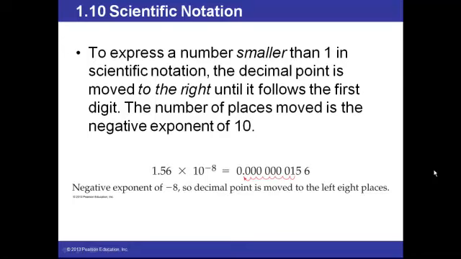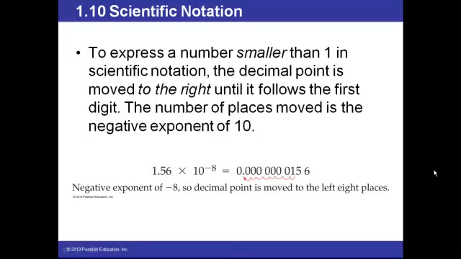Again, if we start with this number, you're going to see that we have to move the decimal place to the right to put this number into scientific notation. Once we have it written in scientific notation, if we put it back into standard notation, we're going to have to move the decimal place to the left because this is a negative exponent.